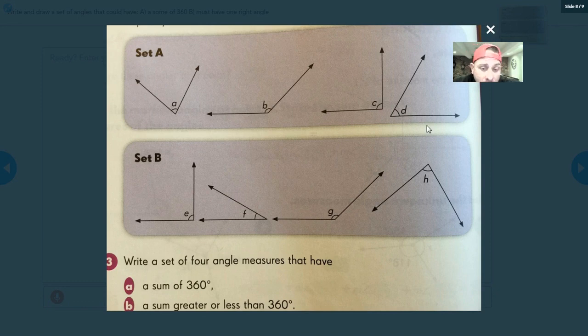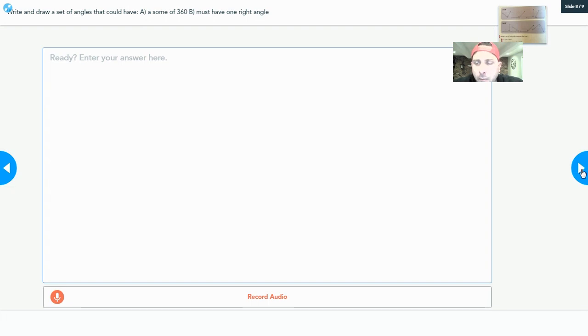If it was greater or less than 360, then you need to make adjustments to your angles to fit together like that puzzle we talked about earlier. So we'll move on, but this is available in your textbook as part of lesson 12.2, angles at a point.